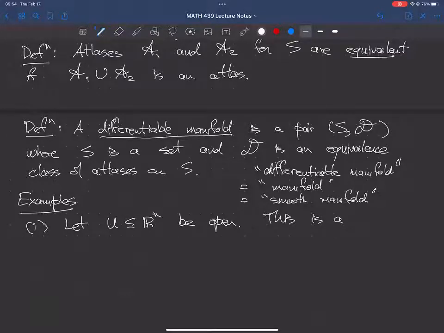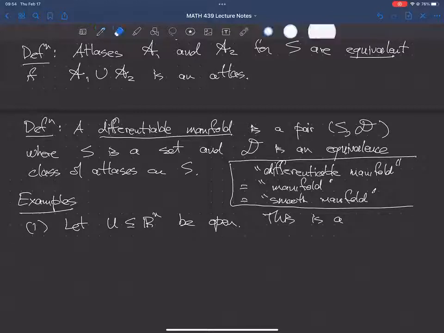This is very standard terminology. An open subset of Euclidean space is a smooth manifold.